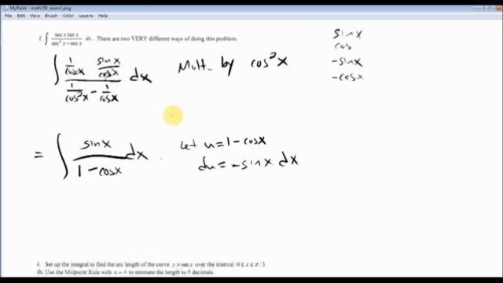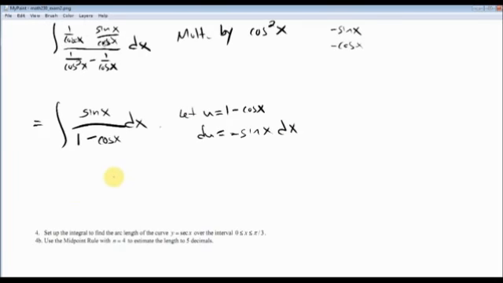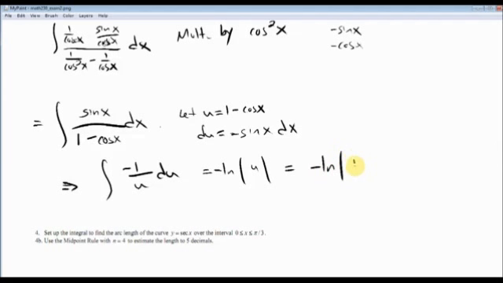Okay. So, what do we get? The integral of negative 1 over u du, which is the natural log, negative natural log of u. It's negative natural log of 1 minus cosine plus c.